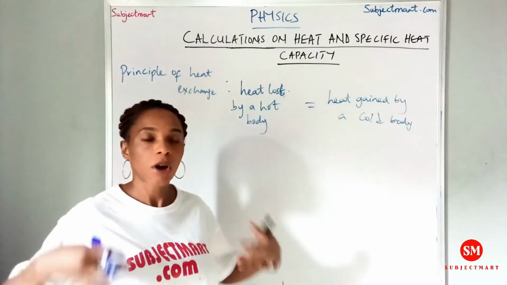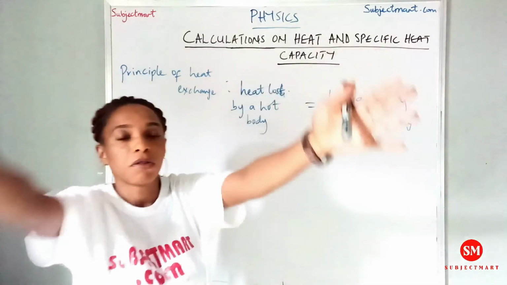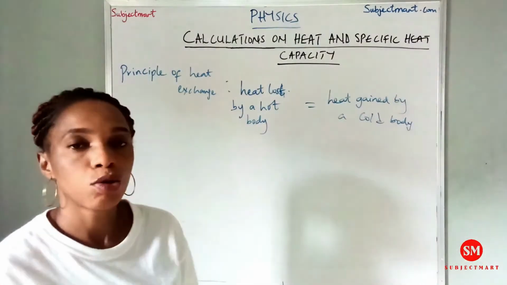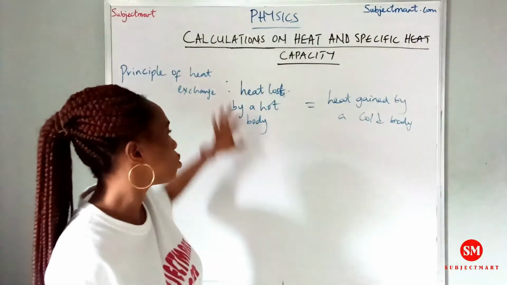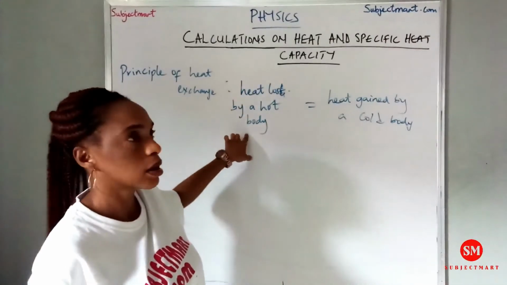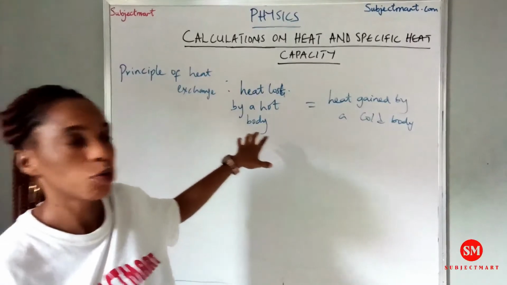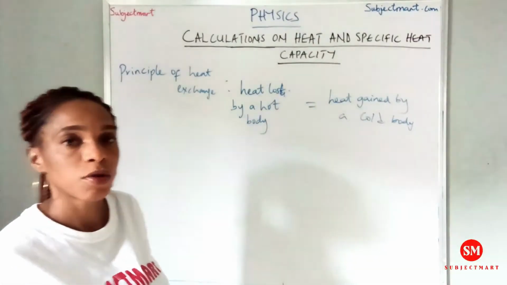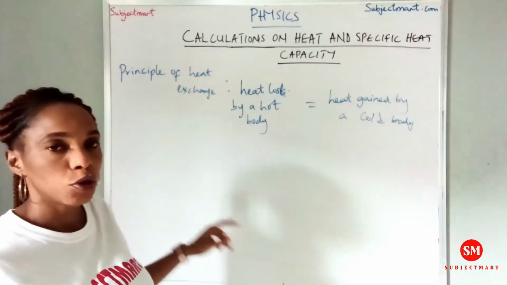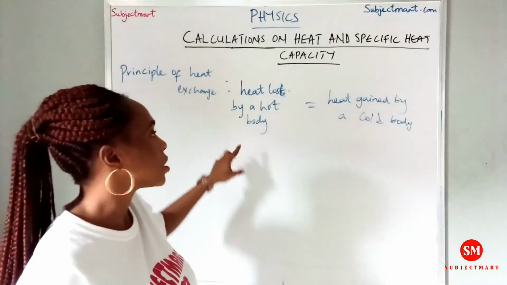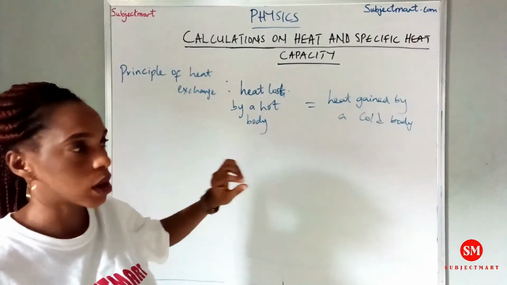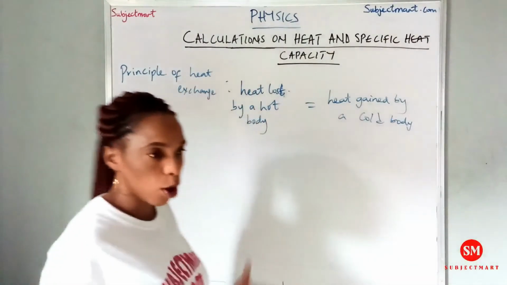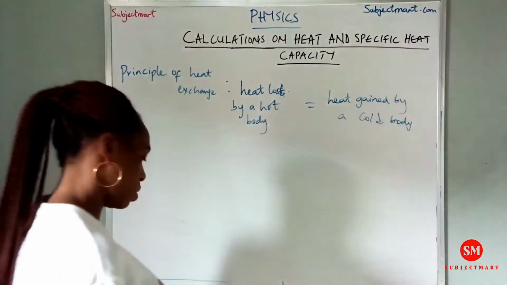So as a result, the hot water will give out heat to the block, and you realize that the temperature will reduce because of the block that was introduced into it. So heat lost by that hot water will be equal to the heat gained by the block. I want to believe that's very clear.